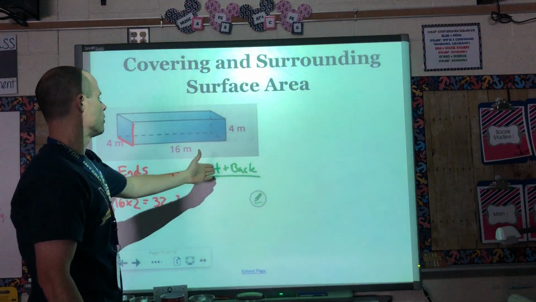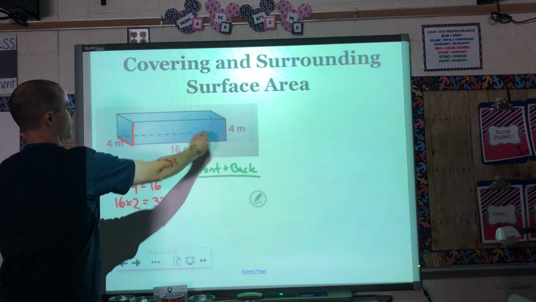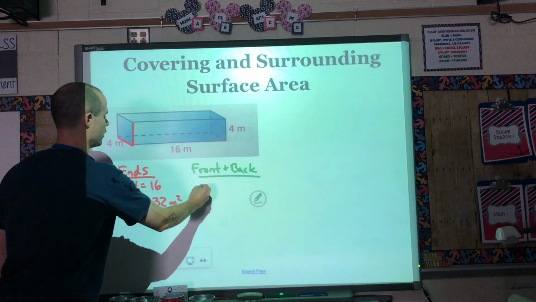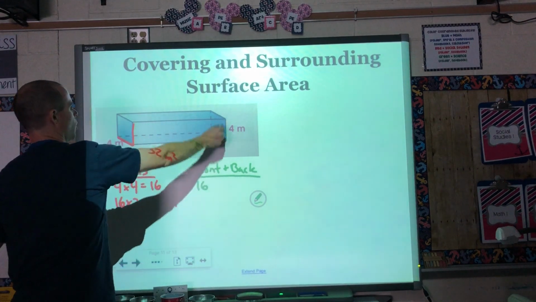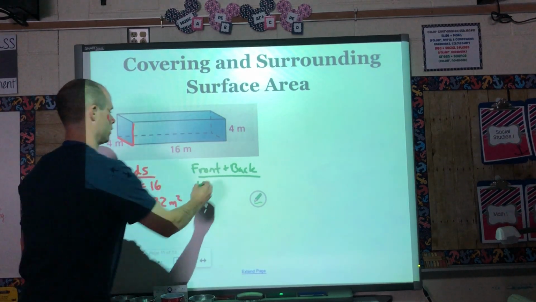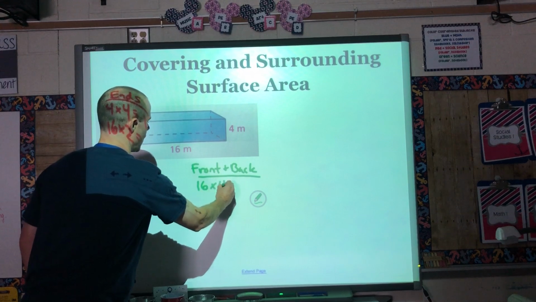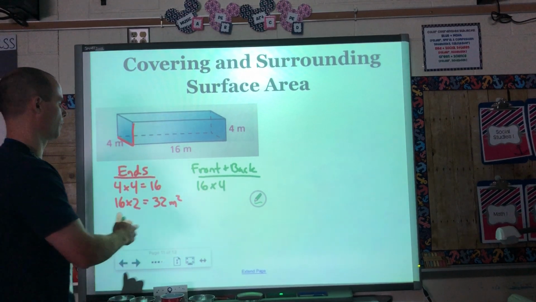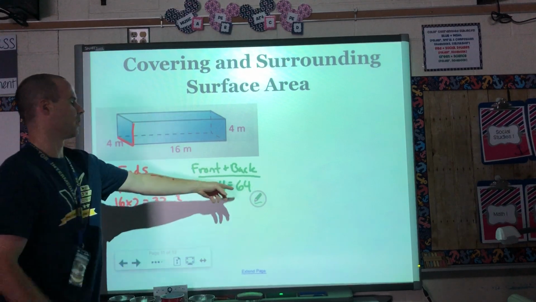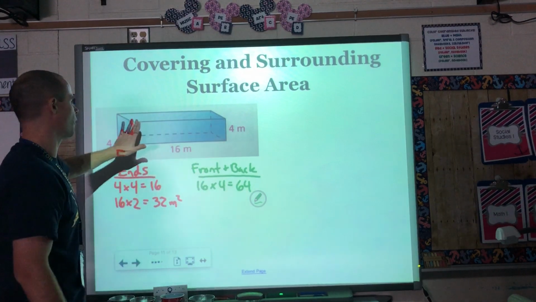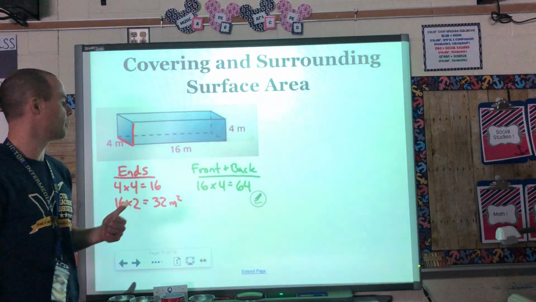So if we're looking for the dimensions of our front, we can see that it has a length of 16 meters, and it has a width of 4 meters. So we have a 16 by 4 rectangle for our front. 16 times 4, we know, would give us an area of just the front of 64 square meters.